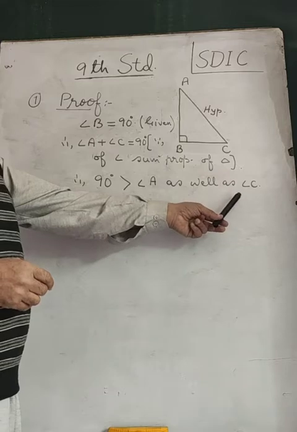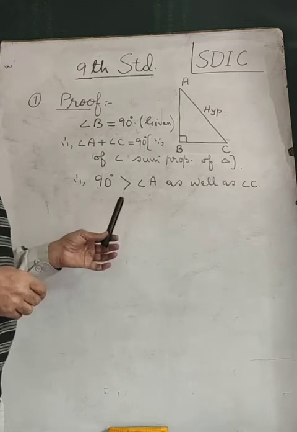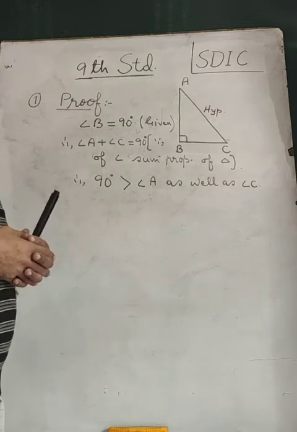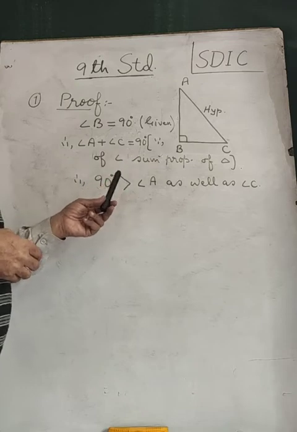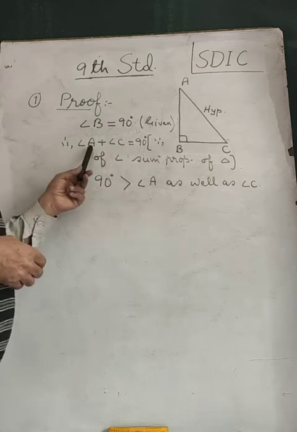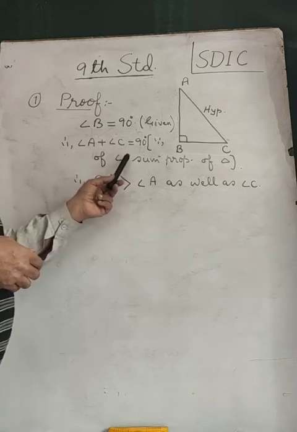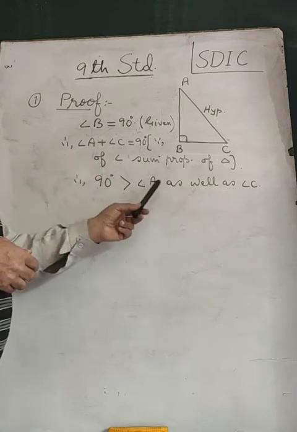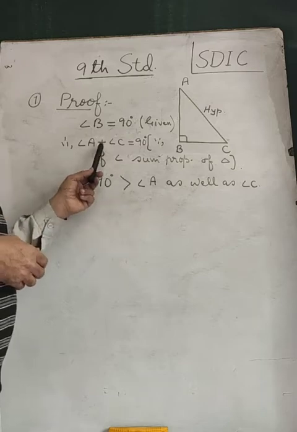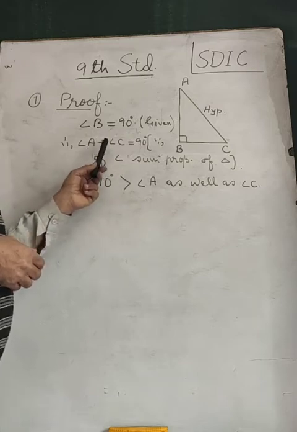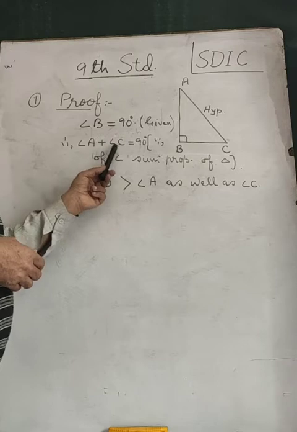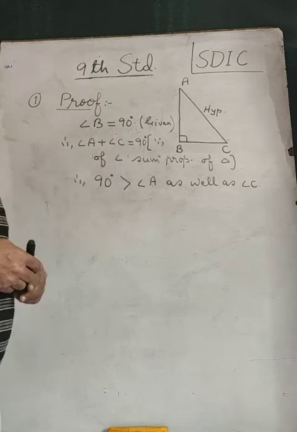Likewise, the measurement of angle C will be something less than 90, such that their sum is equal to 90. If angle A is 10 degrees, what will be angle C? 80. So both of them are less than 90. Angle A may be 20 degrees, then angle C will be 70. 20 plus 70 is 90, means both of them are less than 90.